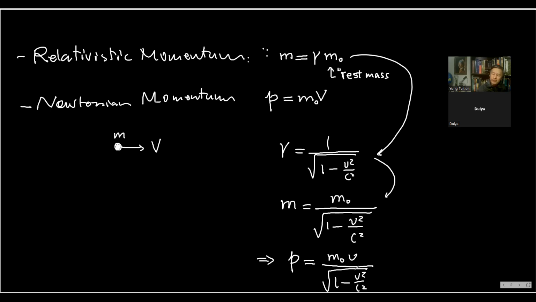Now I have changed. Here we have assumed that small v equals capital V, right?